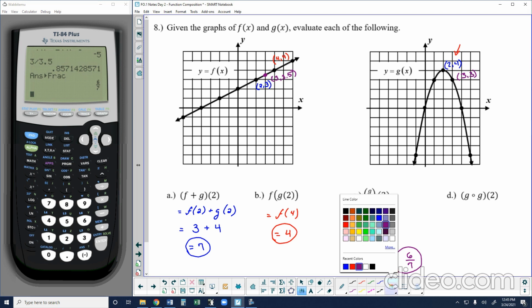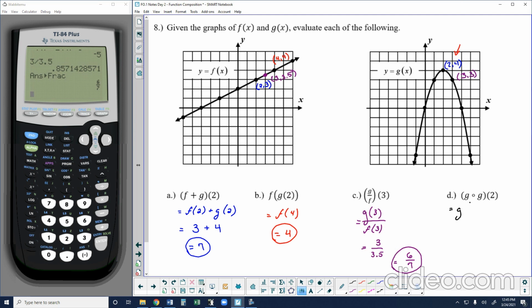So in 8D, we're doing a function composition here. We're doing g of g of 2. So the first thing that we need to identify is what is g of 2. Well, again, that is the corresponding y value. Sorry, I was on the wrong graph there. That is the corresponding y value when x is 2 for g of x. So the y value would be 4.